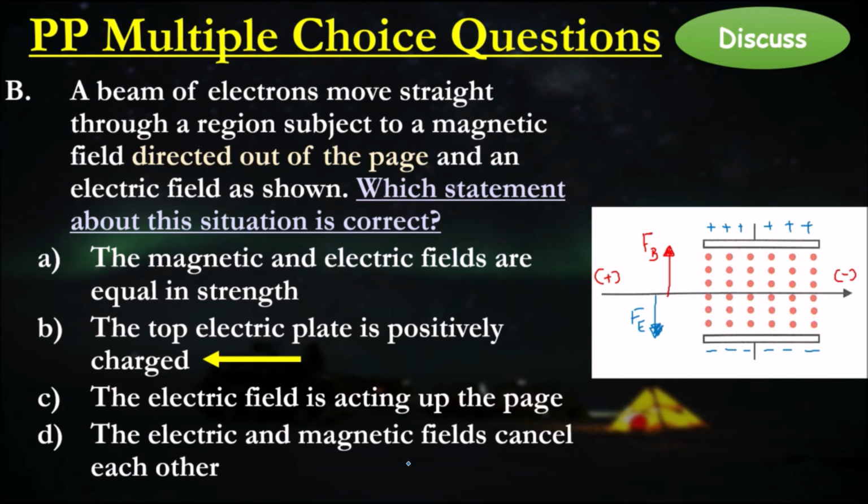The reason why electric fields and magnetic fields can technically never cancel each other out is that, to cancel fields out, because fields are vectors, they need to be moving parallel to each other. But if this is coming out of the page and the electric field is coming down the page, the two fields are actually perpendicular to each other. So there's no way that the fields can actually cancel each other out. They're not even the same thing anyway, so you wouldn't be able to do such a thing.